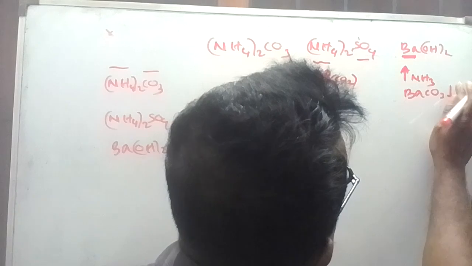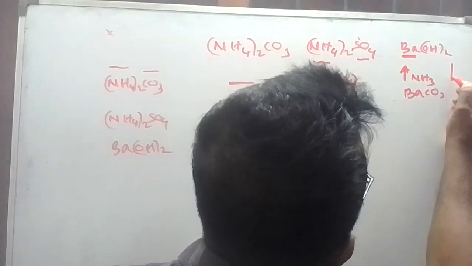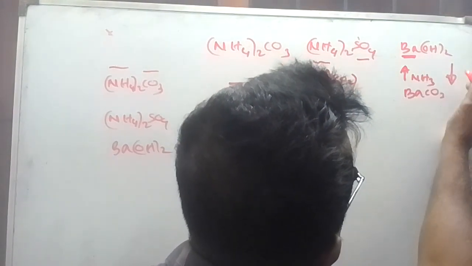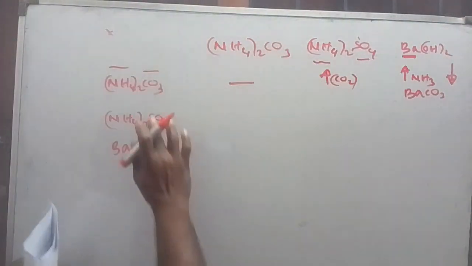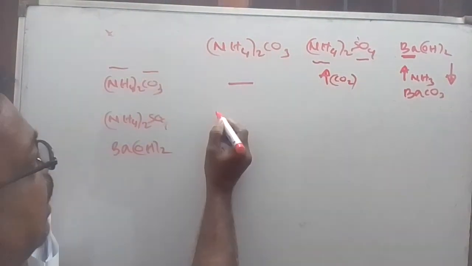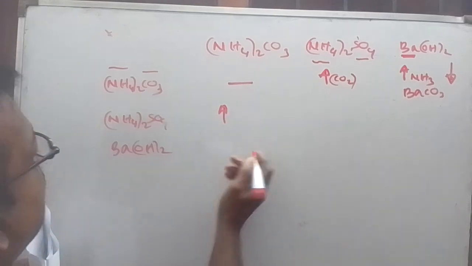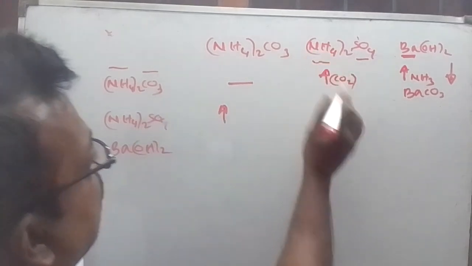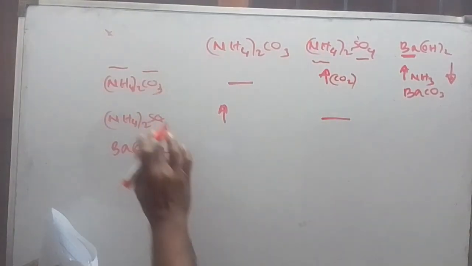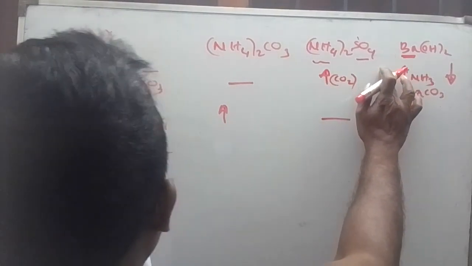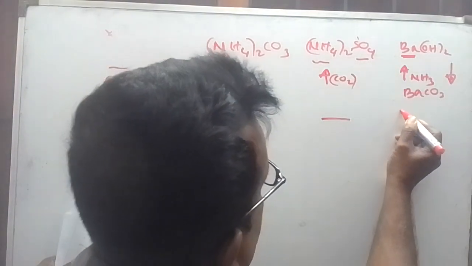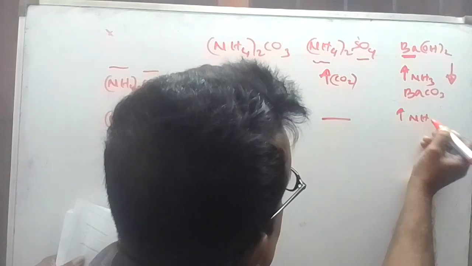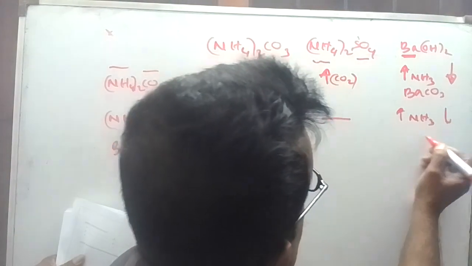So you have two observations, right? Gas evolution and precipitate. The ammonium sulfate and ammonium carbonate give again the same observation. Ammonium sulfate with ammonium sulfate, no reaction. Ammonium sulfate with barium hydroxide gives barium sulfate precipitate and ammonia evolved. This time you have barium sulfate.